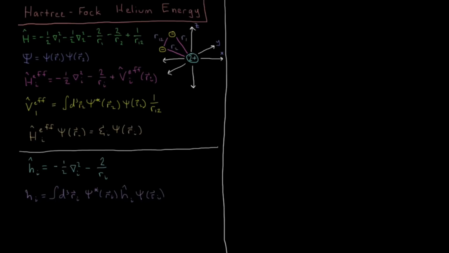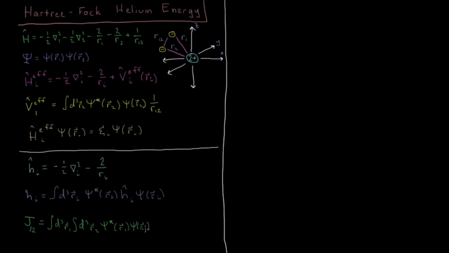Alright, now let's define what we're going to call a Coulomb integral, which I'm going to call J, or J12 in this case, acting between electron 1 and electron 2, the repulsion energy between them. And that is going to be the integral over spatial coordinates of electron 1 and spatial coordinates of electron 2, psi star of R1, psi of R1.